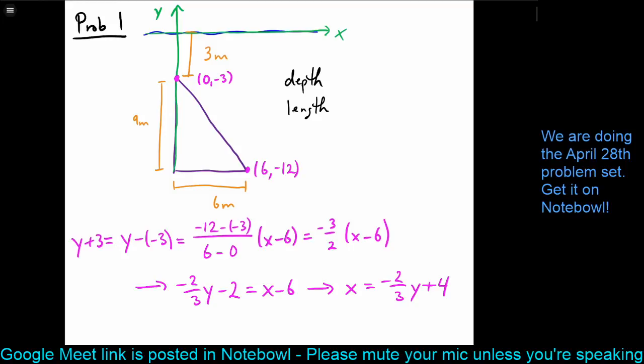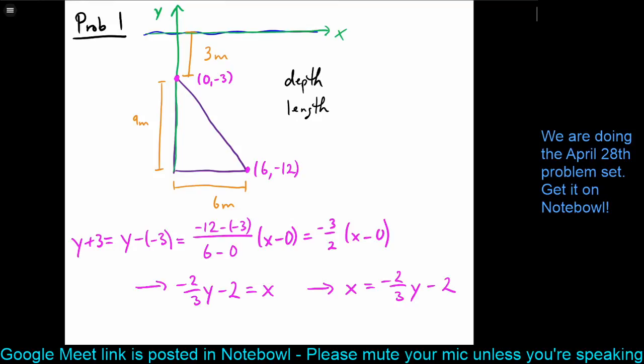Right, -12 minus -3, 6, 0. Oh, sorry. I mixed up my points. This is supposed to be 0 here. I used that one. So there's nothing there. Okay. Sorry, I forgot what was going on there. I mixed up my points.